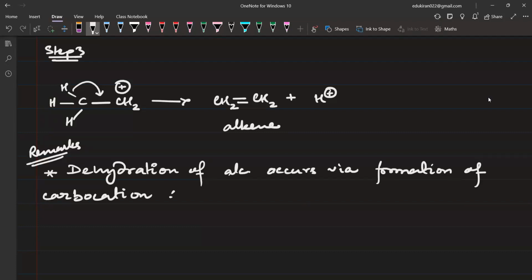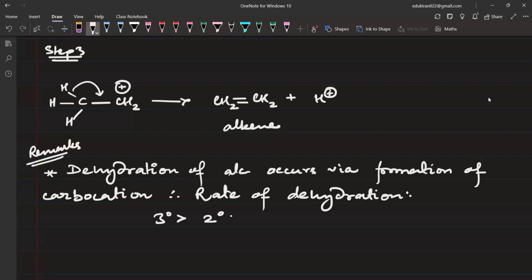Therefore, rate of dehydration is 3 degree fastest, followed by 2 degree, and then followed by 1 degree.